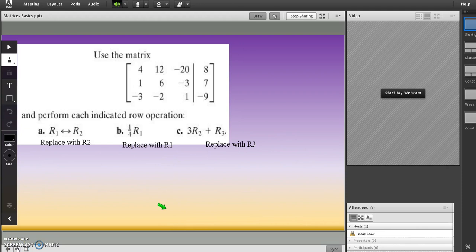All right, now we're going to do the same thing, except what I want to do is replace. I want to interchange row 1 and 2 and rewrite the matrix. Maybe my writing is a little small. All right, so I'm going to write 1, 6, -3, 7, 4, 12, -20, 8, -3, -2.